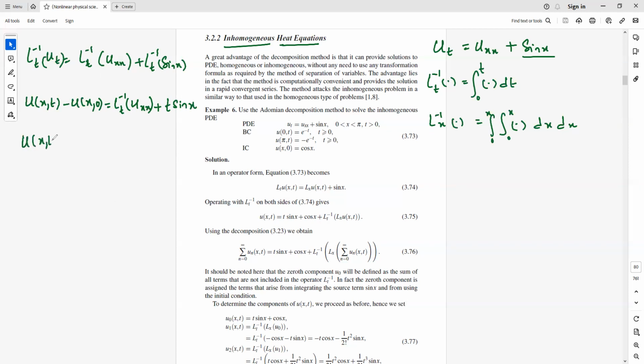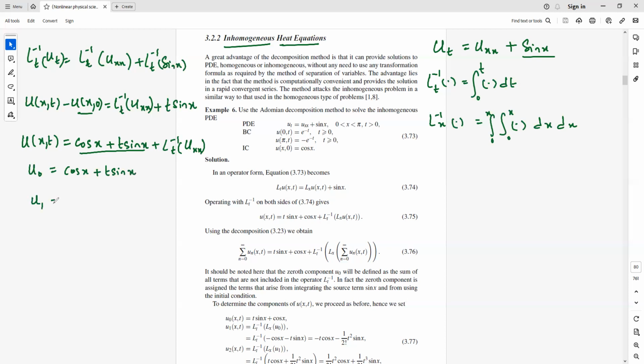Further, if we simplify, this term goes to the right side, which is given as cosine of x. So this is cosine x plus t sine x plus L_T inverse u_xx. Now u_0 is equal to this function, that is cosine x plus t sine x.